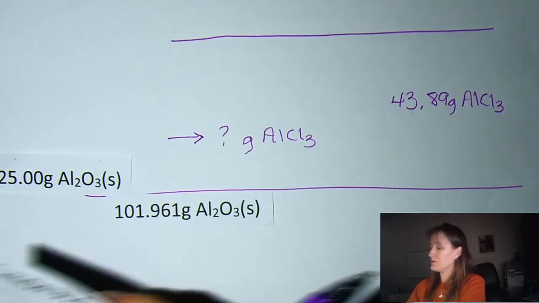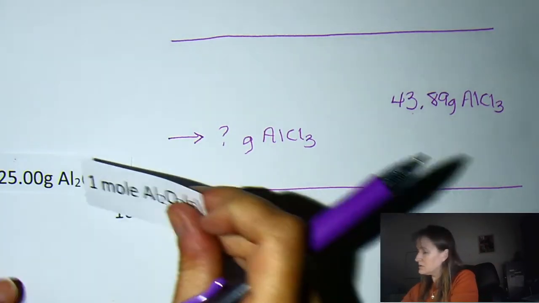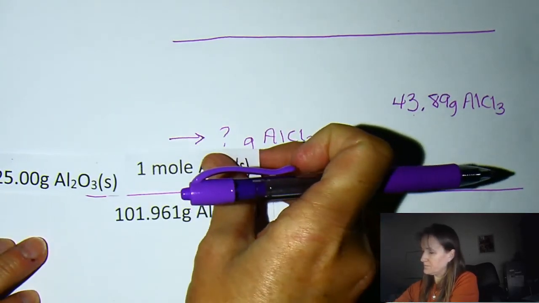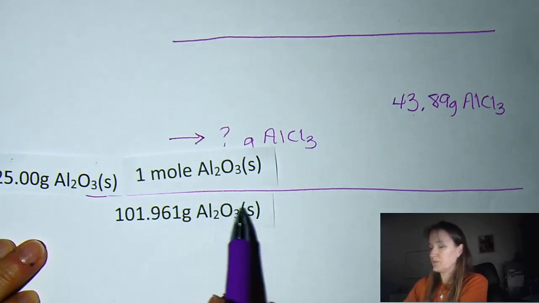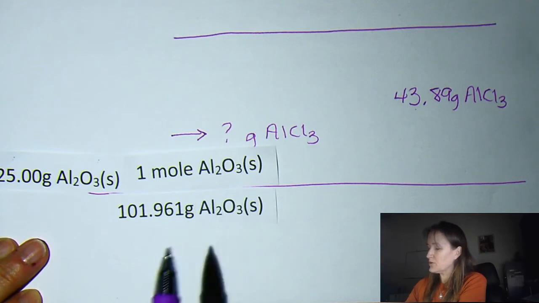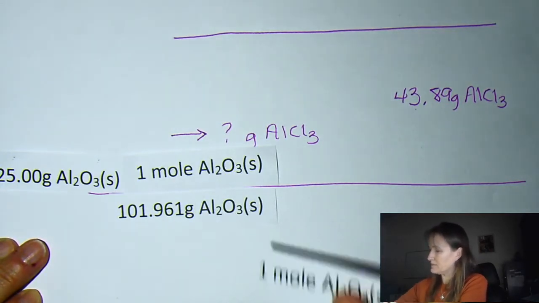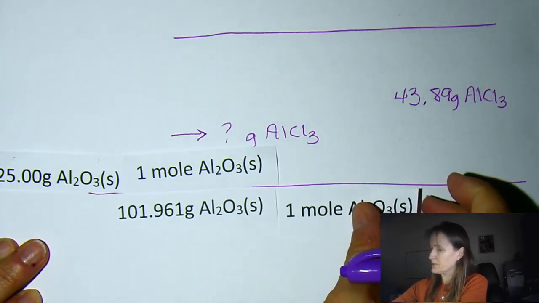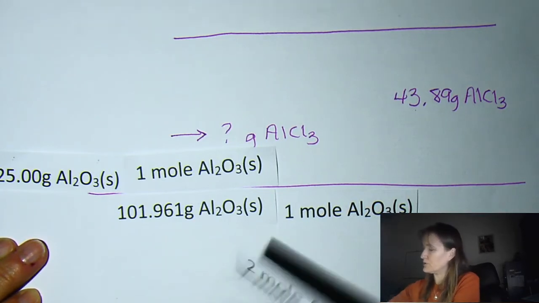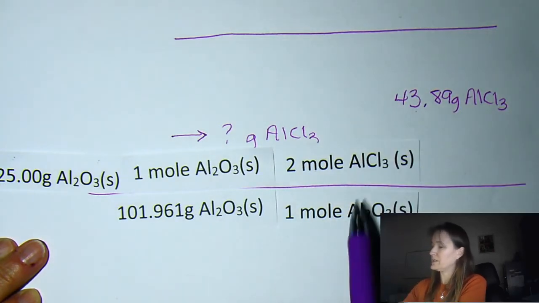And on the top, we are going to put the 1 mole of aluminum oxide. So this will allow us to cancel the grams of aluminum oxide. Once we're in moles, we can do our mole-to-mole ratio. So our coefficient for aluminum oxide is 1, and our coefficient for aluminum chloride is 2. The 1 to 2 ratio.